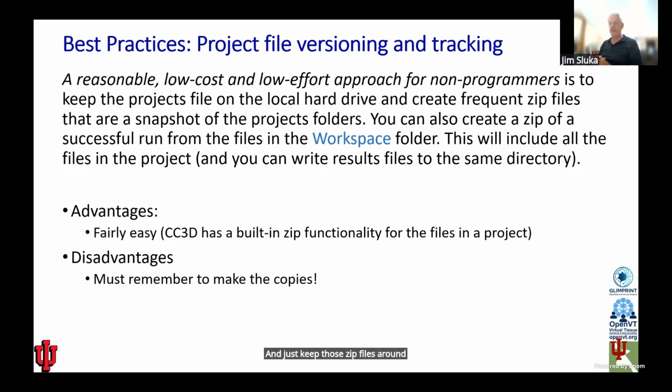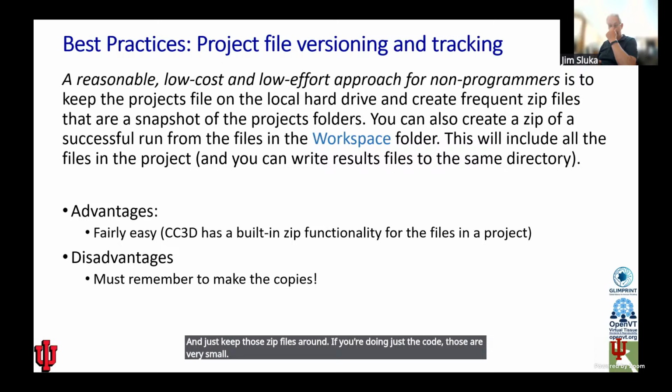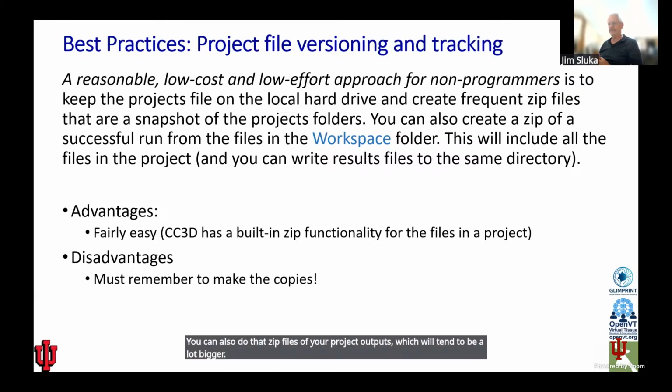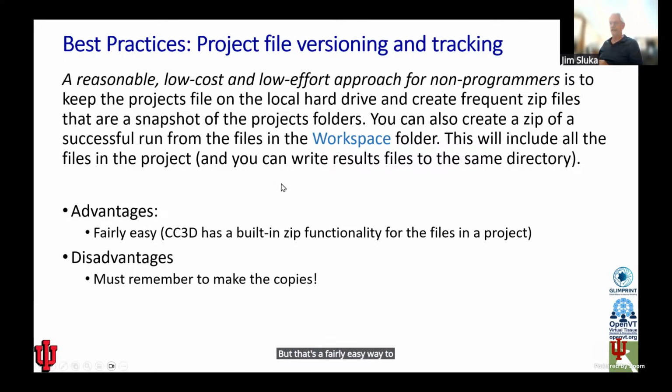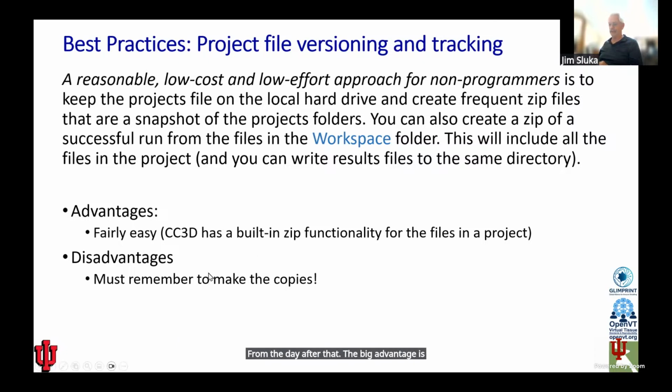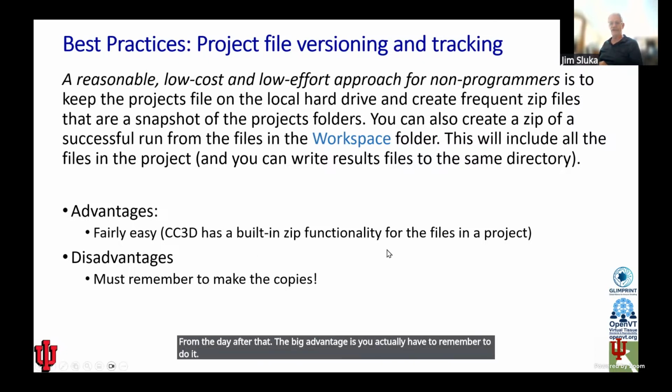If you're doing just the code, those are very small. You can also do that with zip files of your project outputs, which will tend to be a lot bigger. But that's a fairly easy way to keep, here's my version of such and such date. Here's my version from the next day. Here's my version from the day after that. The big disadvantage is you actually have to remember to do it. If you don't do it, you don't have them.